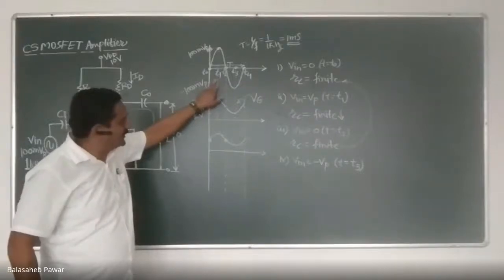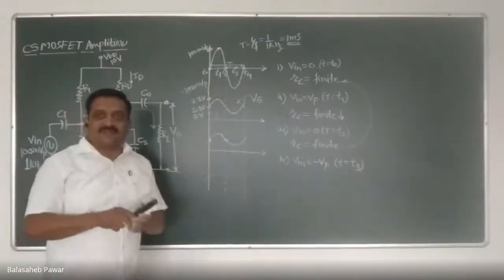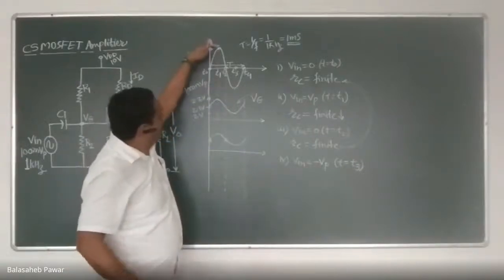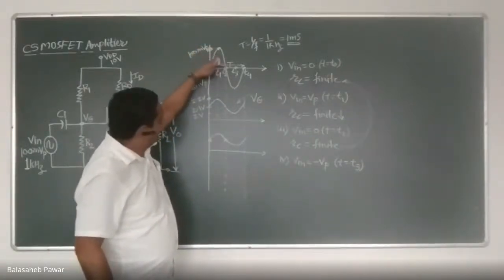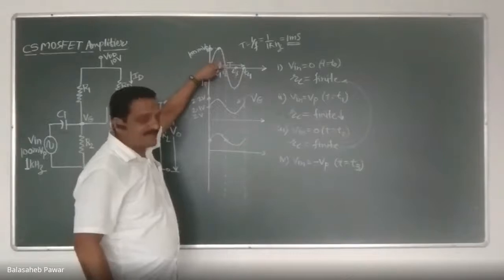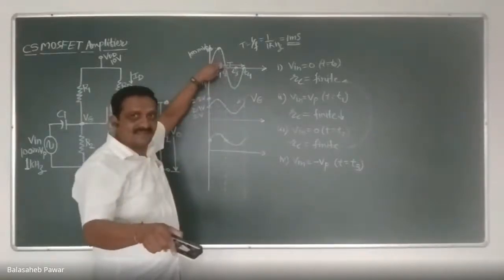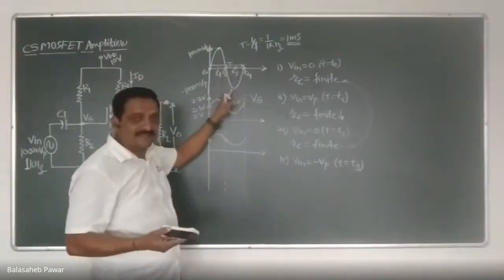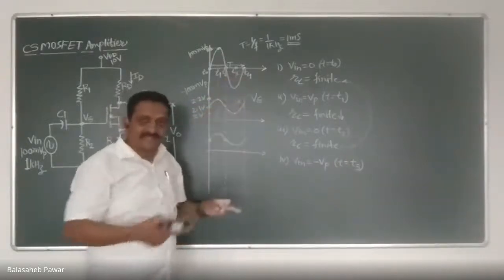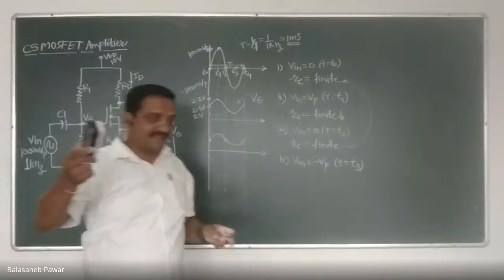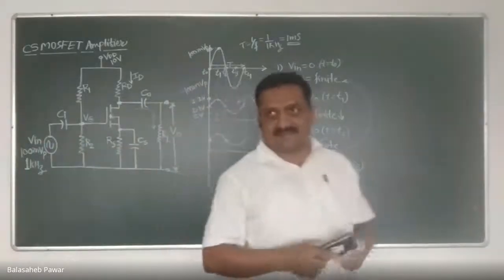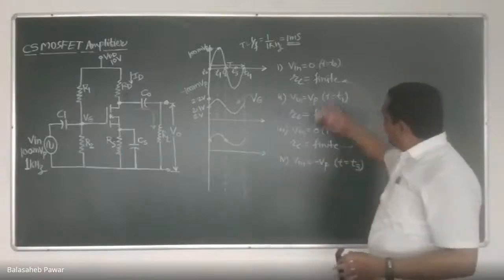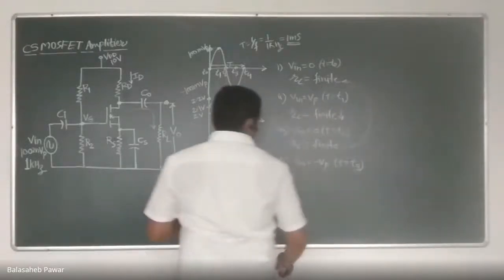If not properly visible, just consider t0 at the origin, t1 related to the positive peak, t2 again on the x-axis, meaning the positive half cycle gets complete, then t3 related to the negative peak, and t4, where the negative peak completes its cycle and comes back to the x-axis, right? If not visible properly, the same thing I have shown here again.